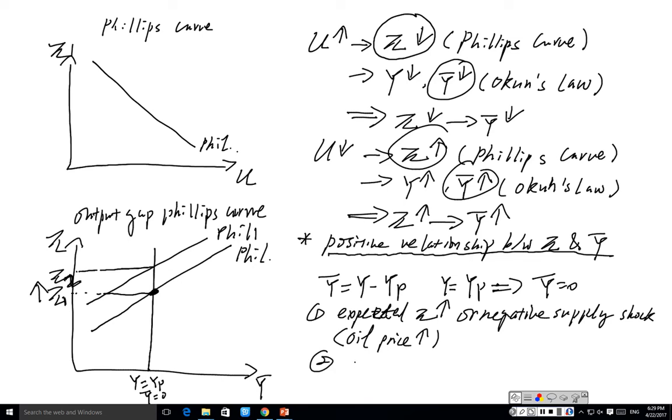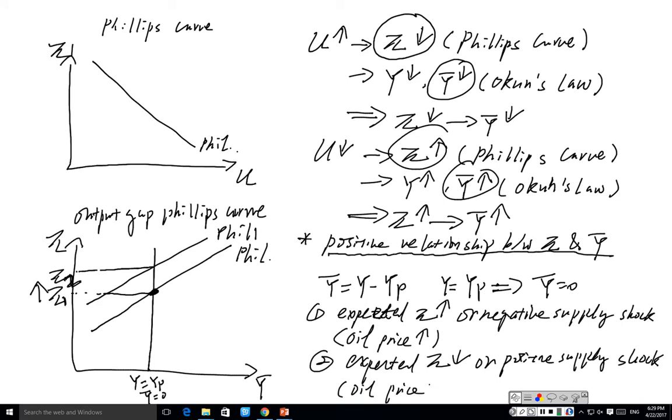Similarly, if the expected inflation rate is going down, or if there's positive supply shock, and you can imagine positive supply shock means the input cost reduced. Suppose oil price goes down.